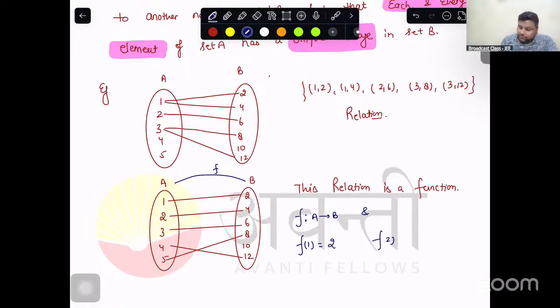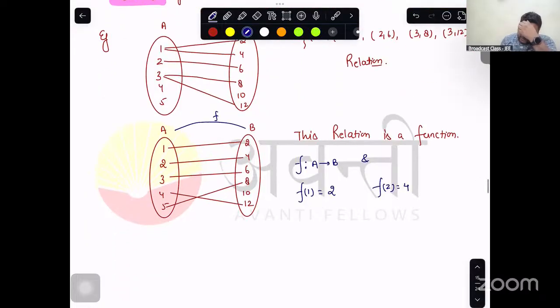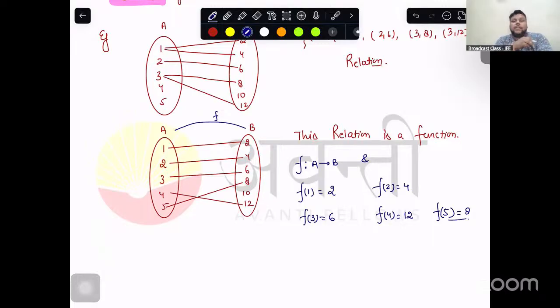F of 2. If you put 2, what do you get? You get 4. F of 3. If you put 3, what do you get? 6. F of 4 is 12 and f of 5 is 8. Am I correct? So this is what we say f from A to B.